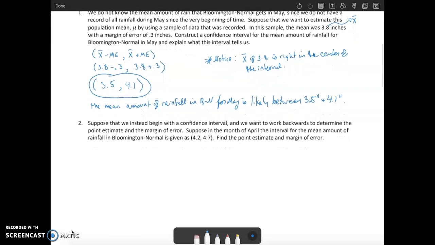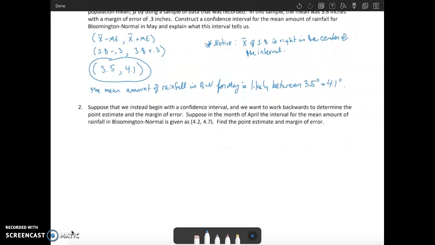It says now in number 2, suppose instead that you begin with a confidence interval and you want to work backwards to determine the point estimate. So again, that's either the X bar or let's say the P hat and the margin of error. So that plus minus amount. This says, suppose for the month of April, we have an interval that has already been created.